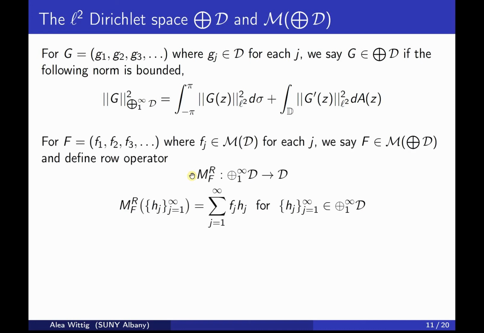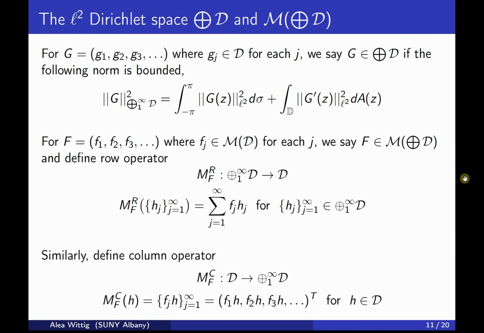For capital F equal to this vector of functions from the multiplier algebra of the Dirichlet space, we say that capital F is in the multiplier algebra of the L2 Dirichlet space. We define the row multiplication operator M_F^R, taking elements from the L2 Dirichlet space to the Dirichlet space.